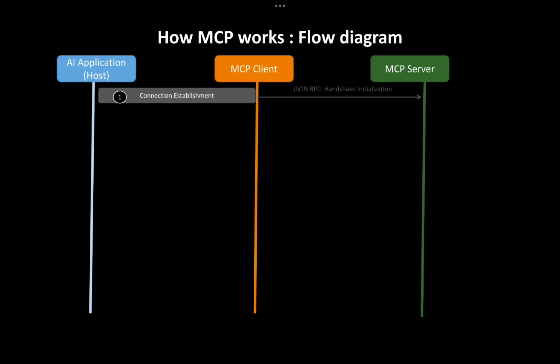Then the client will send a handshake request to the MCP server, passed through JSON-RPC, and the server will give the response and acknowledge it. Then the client will ask the server, tell me what tools, resources and prompts you have, give me the list, right? So that I can select the right choice of tool, resource or prompt to do my task, right?